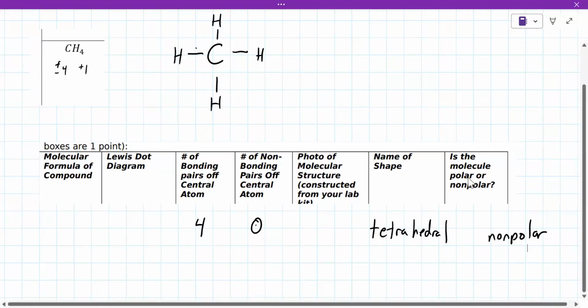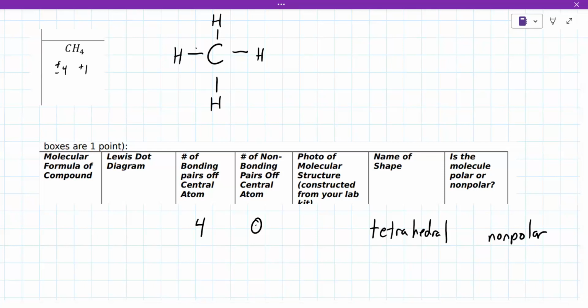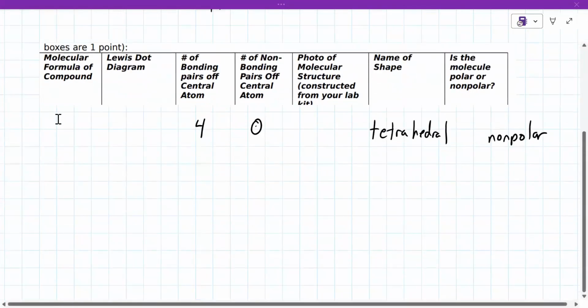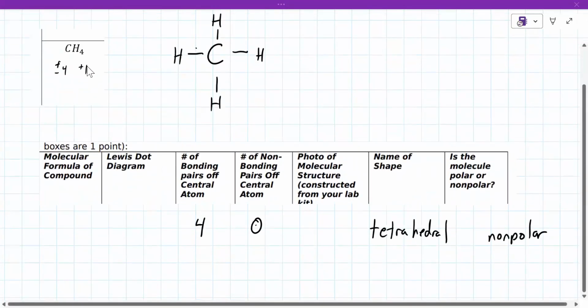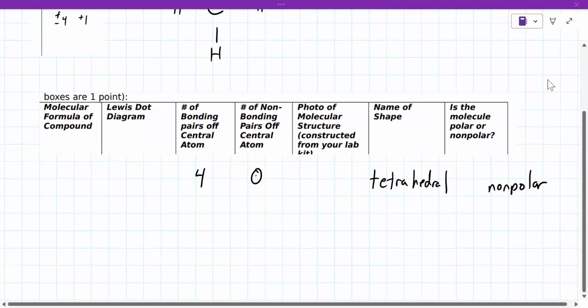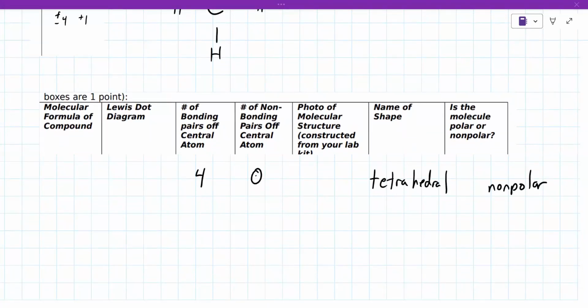Maybe you are supposed to know some of the polar and nonpolar. Let me look that up here. I looked this one up and it said it was nonpolar, and I don't have a good answer for why that is.